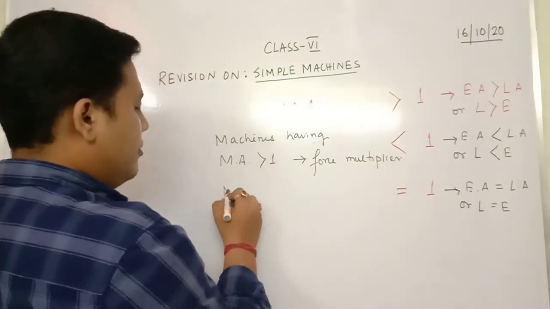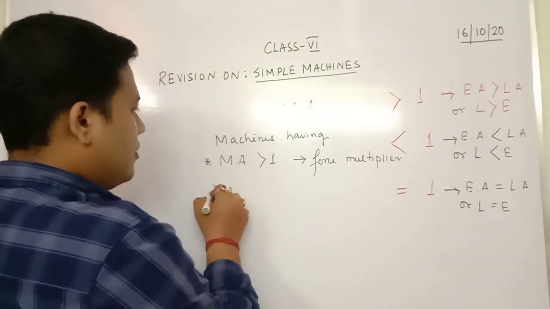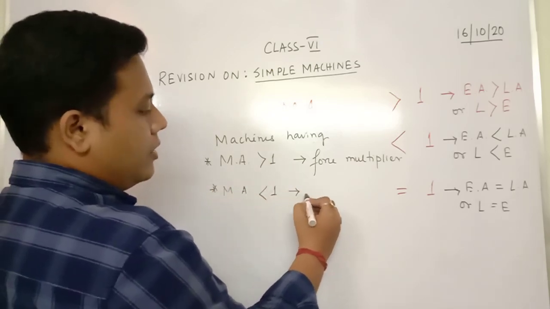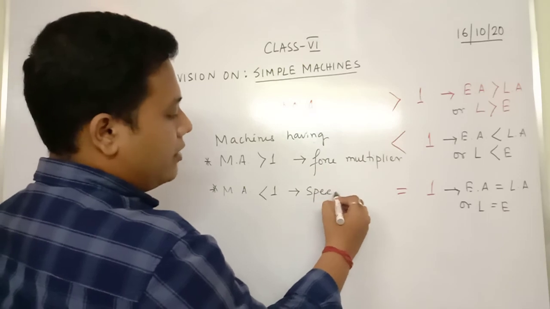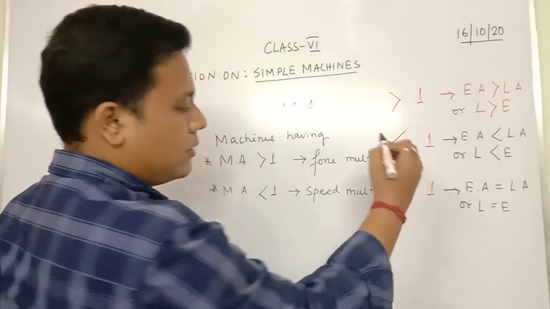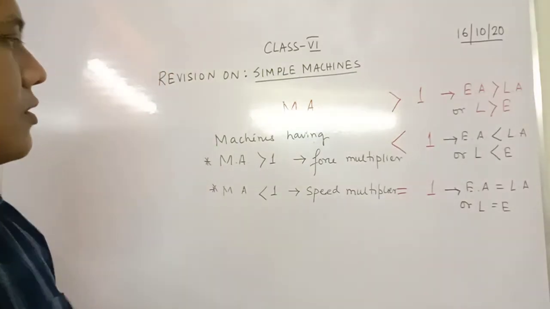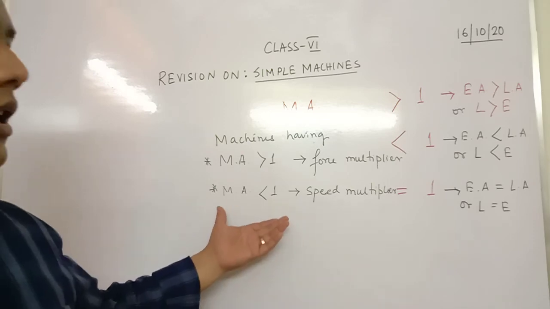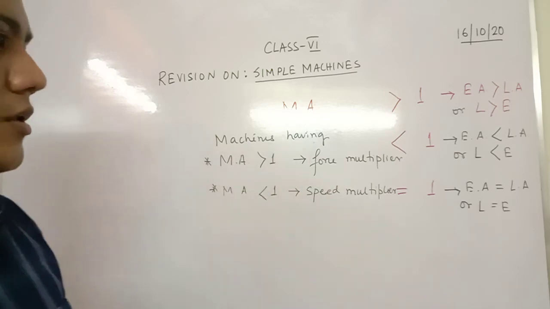And the machines having mechanical advantage less than 1 will be called speed multiplier. Okay, so these are the things which you need to remember, students. This will help in higher classes also.